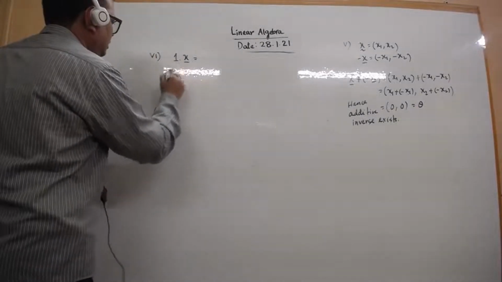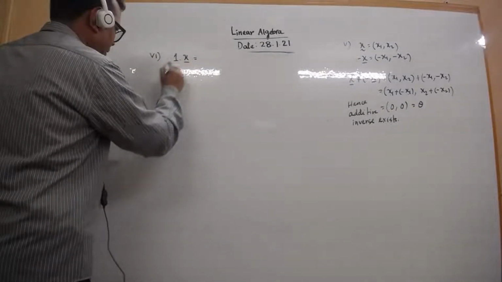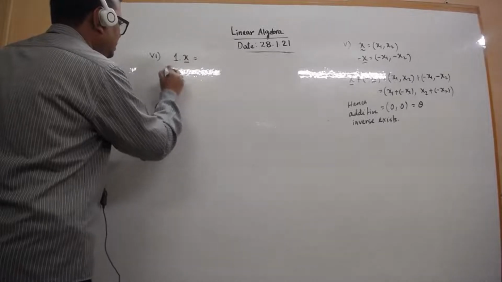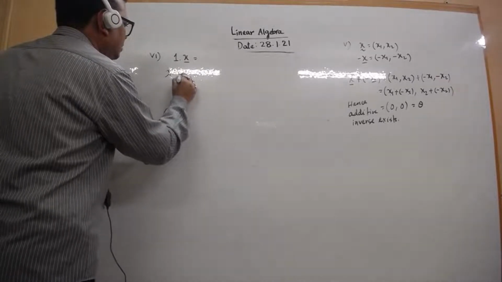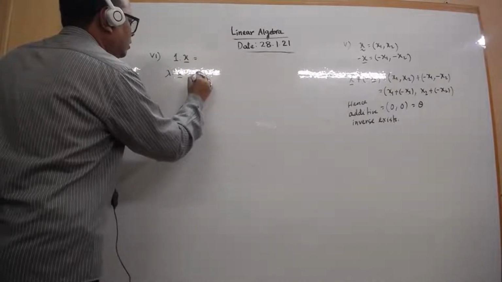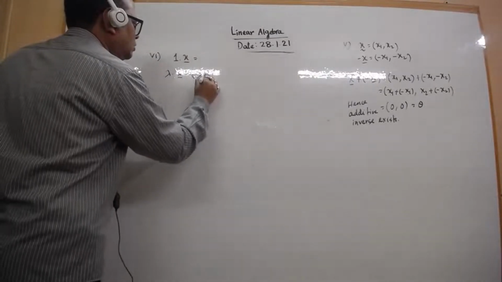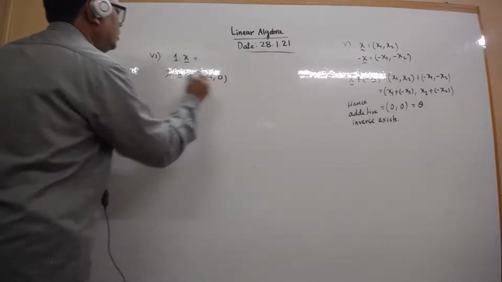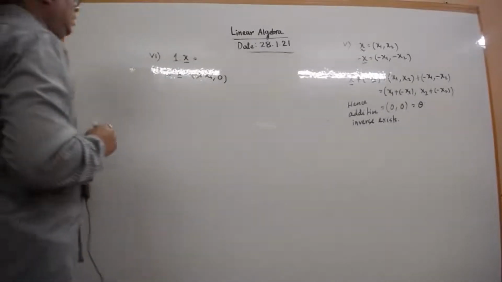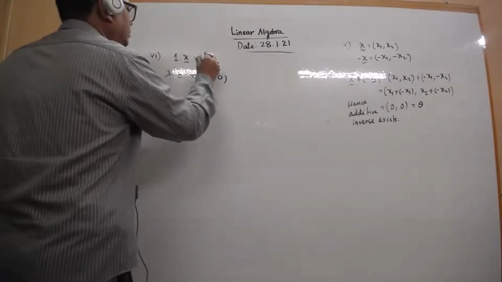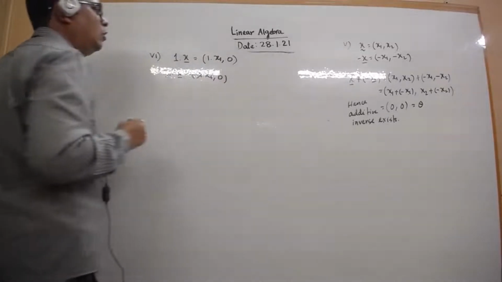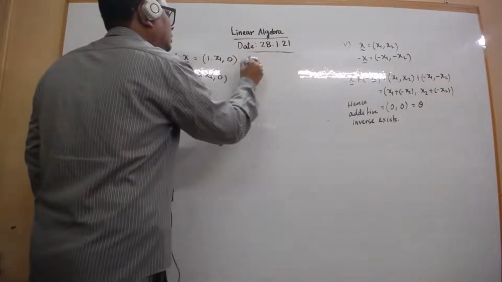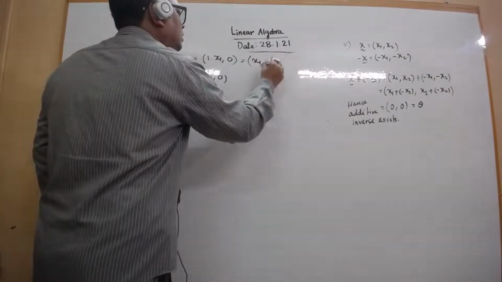Recall the definition of scalar multiplication. Here I define scalar multiplication as lambda times x equal to (lambda x1, 0). So with lambda equal to 1, we get 1 into x1, and the second component is 0. So this is (x1, 0).